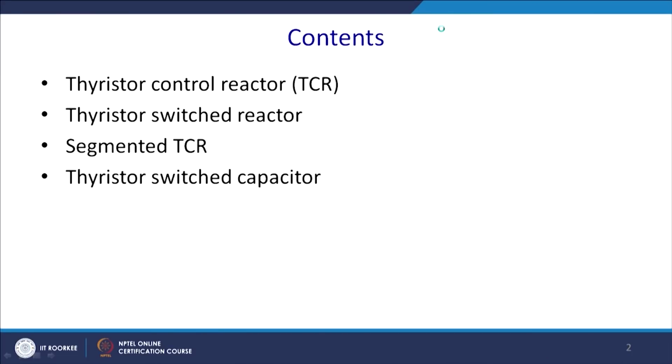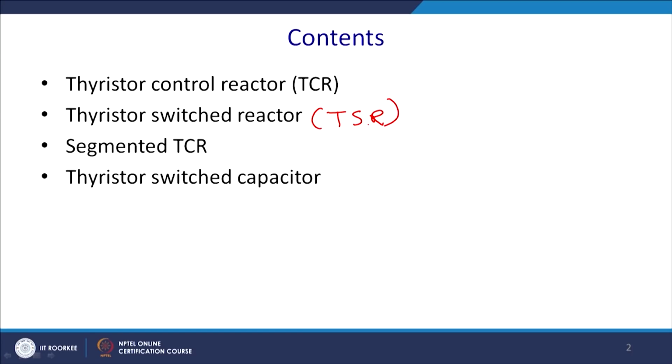So, today we shall discuss three types of thyristor based shunt compensator. These are namely the TCR, that is the Thyristor Controlled Reactor. Another is the Thyristor Switched Reactor, or TSR.